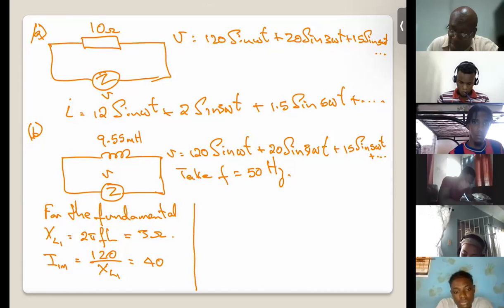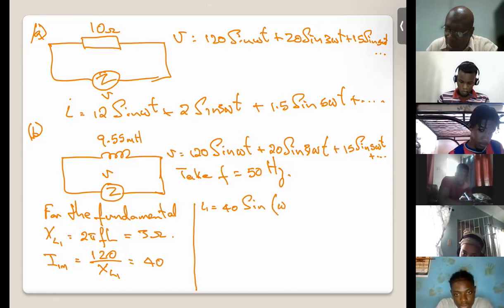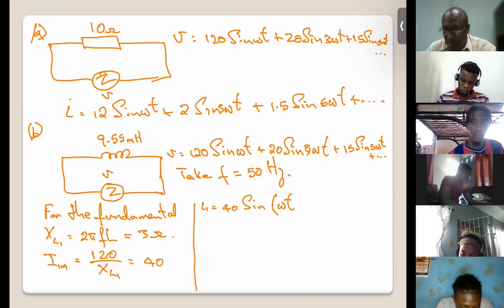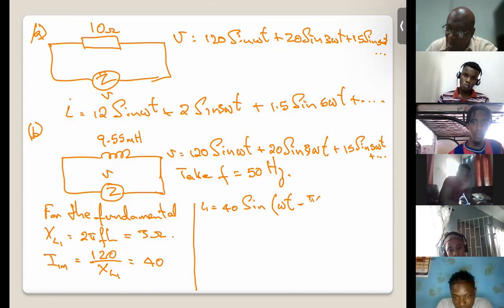Now, for that component, it means that I1 would be equal to 40 sine bracket omega t. And what would be the angle, Mr. Reed? Minus pi divided by 2.